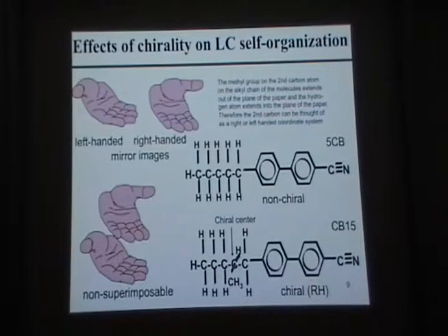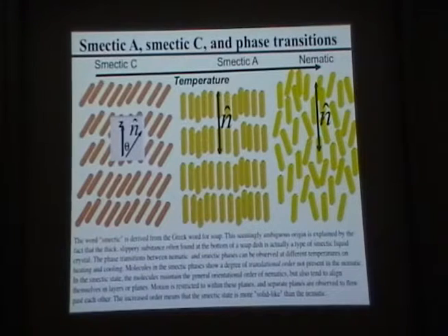And likewise, when you add the chiral center here, and we are trying to show a three-dimensional picture in this way, then the mirror image is not superimposable with the molecule itself. So the molecules, while assembling into the nematic phase, form this twist, and this gives rise to the cholesteric phase.